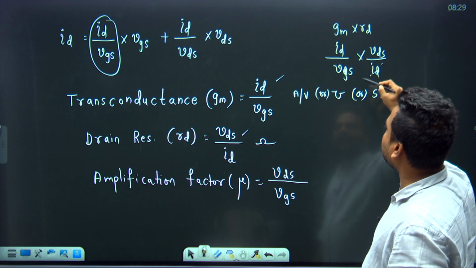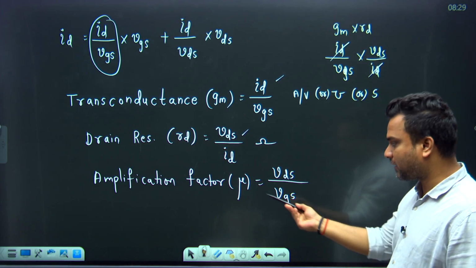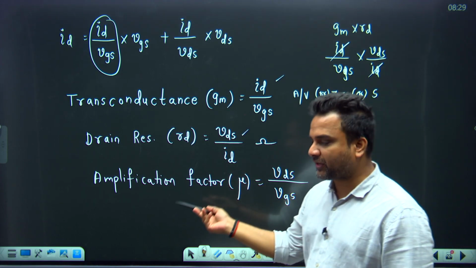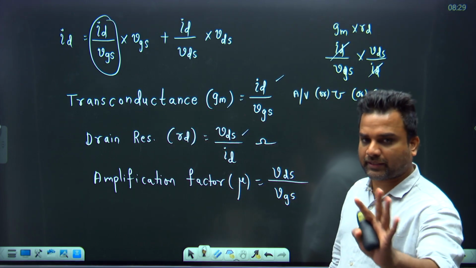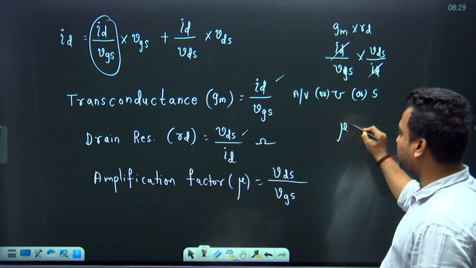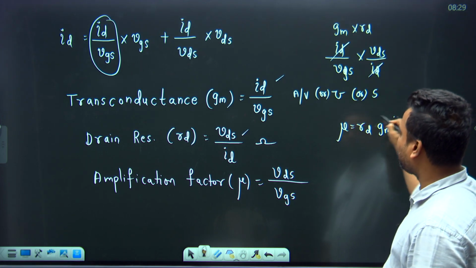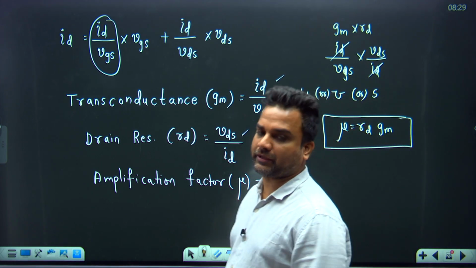Now ID gets cancelled, leaving VDS by VGS, that's what we have here. So the relation between the amplification factor, drain resistance and transconductance is mu is equal to RD GM. This is a very important relationship in FET.